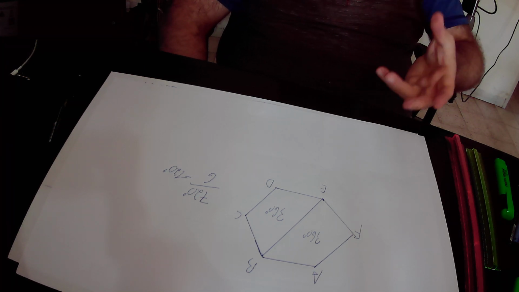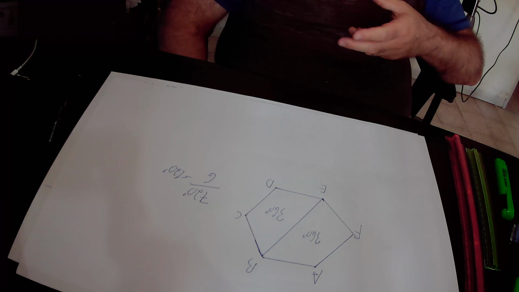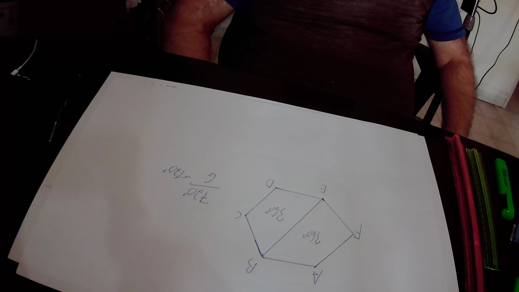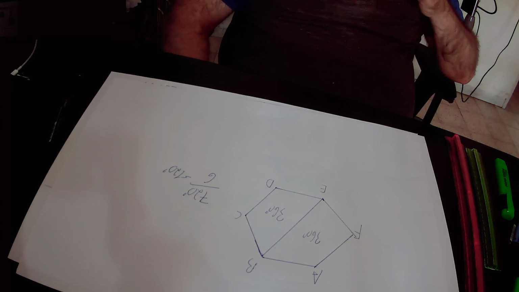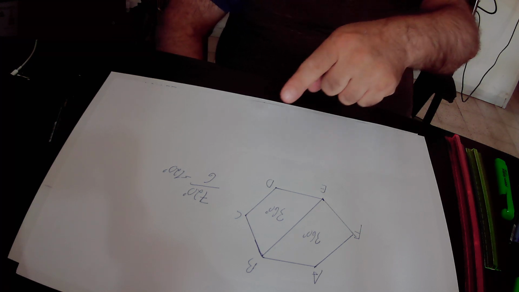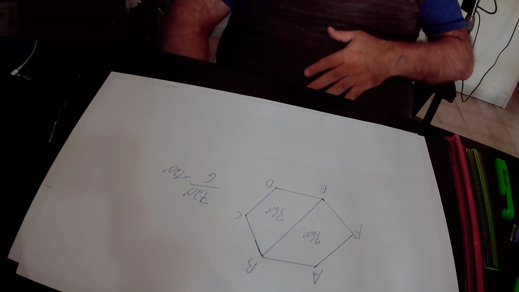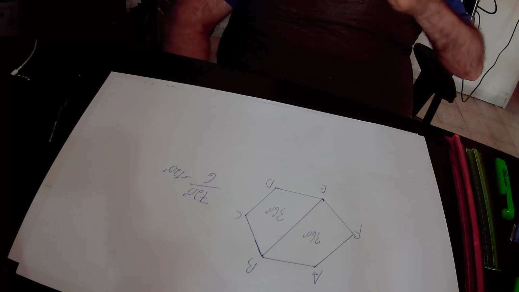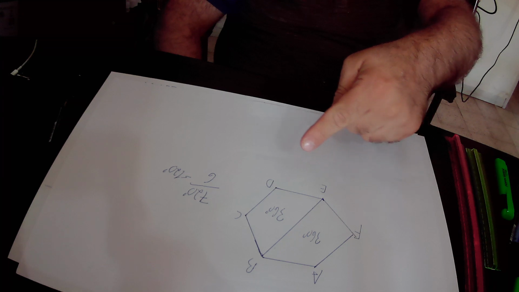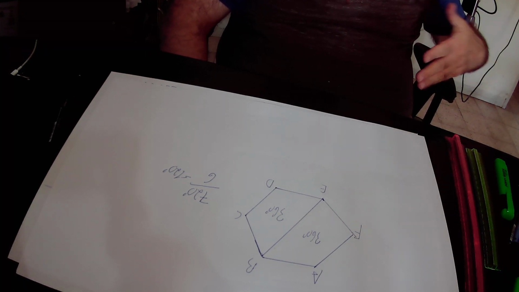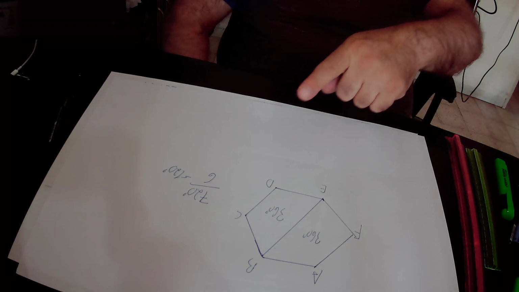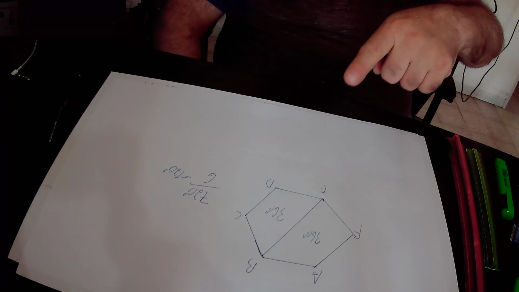Okay, and because any regular hexagon has 6 equal angles, if we divide the total sum of the angles, 720 degrees, by the number of angles, 6, we get the size of one interior angle of any regular hexagon. So 720 degrees over 6 is 120 degrees.